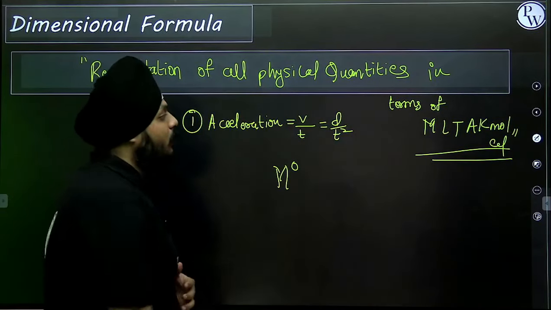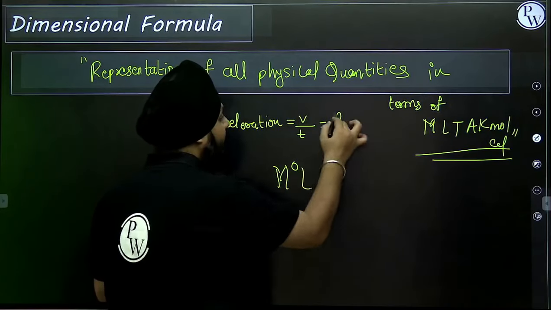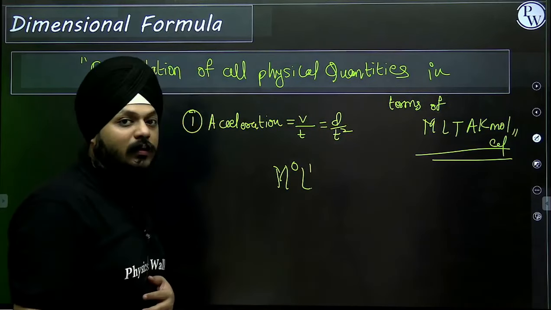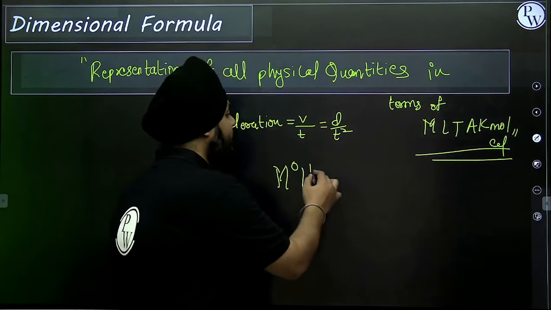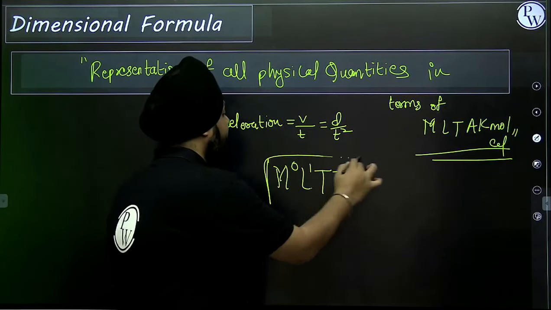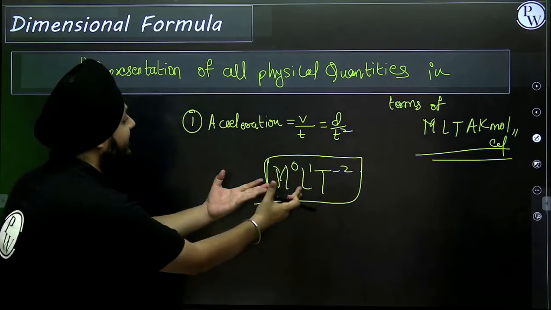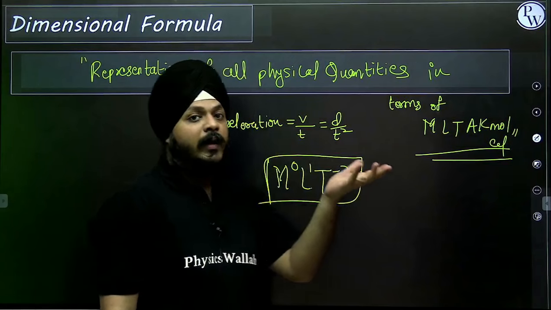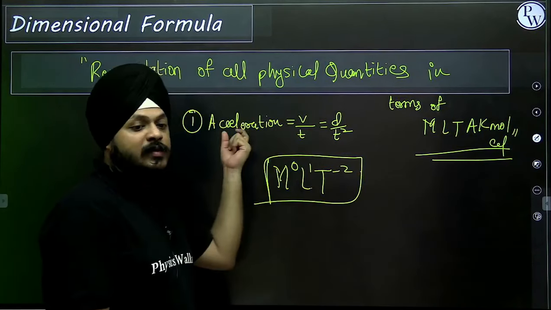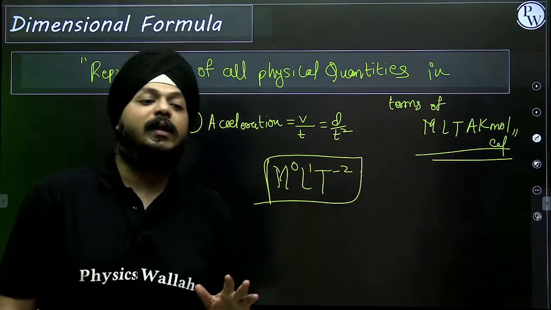L is in the numerator, that's why it is 1. Time is squared but in the denominator, so we write it as -2. Acceleration is a derived quantity, so this is the representation of acceleration in terms of the fundamental physical quantities.